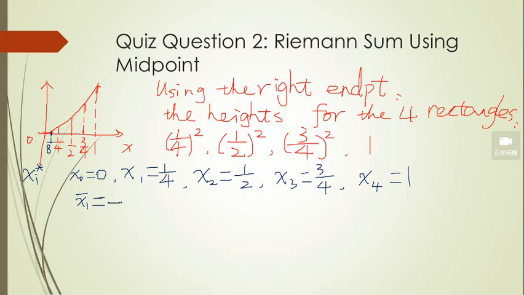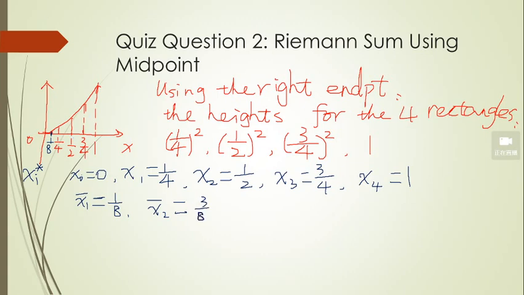The first one, we use this notation to denote the middle point in the first subinterval. So it's 1/8. And then x2 bar, which will be between 1/4 and 1/2, should be 3/8.